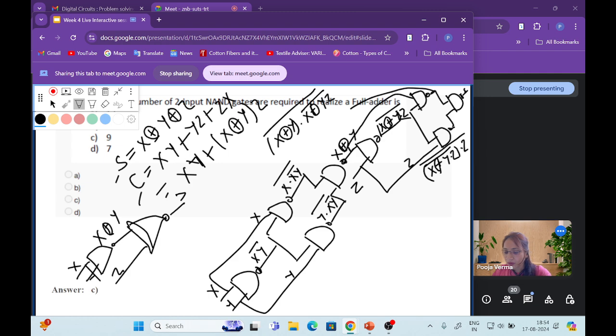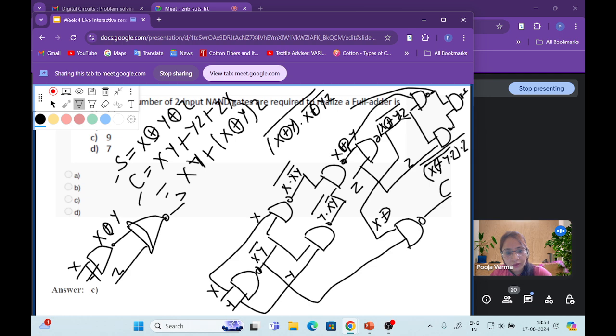Okay. Now for carry, I am taking another NAND gate here. I am representing it as the carry. So one input is (xy)' and the other we will get from here. What is the input here? (x XOR y) into z', and here we are getting (xy)'.